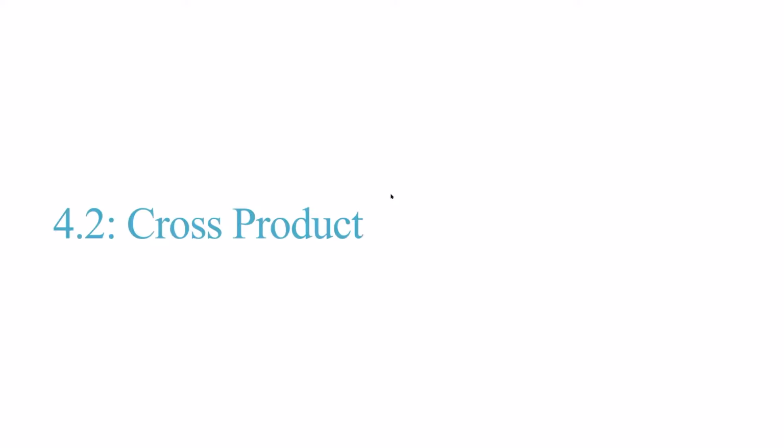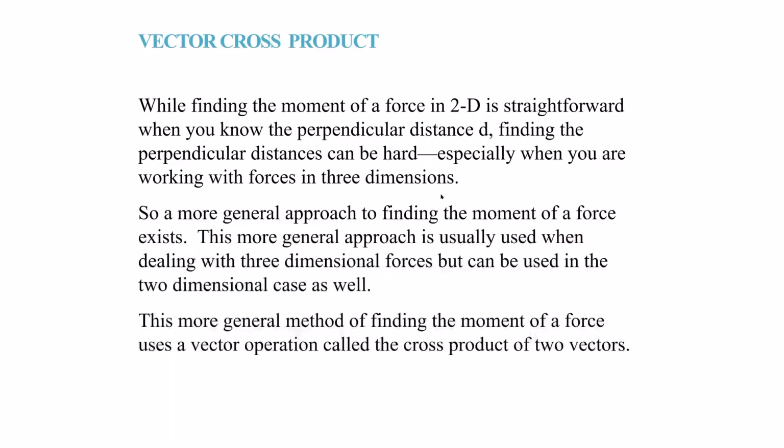All right, the next thing to introduce is the vector cross product, okay? For 2D cases, just like the examples I showed you, work very well. The problem gets a bit more complicated when you're handling it in three dimensions.